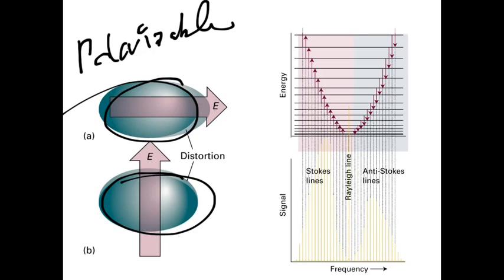It's complementary to rotational spectroscopy, because remember, in rotational spectroscopy we required a permanent dipole. That is, the molecule had to have a polarity. In Raman spectroscopy, no. Most of our molecules are not polar.